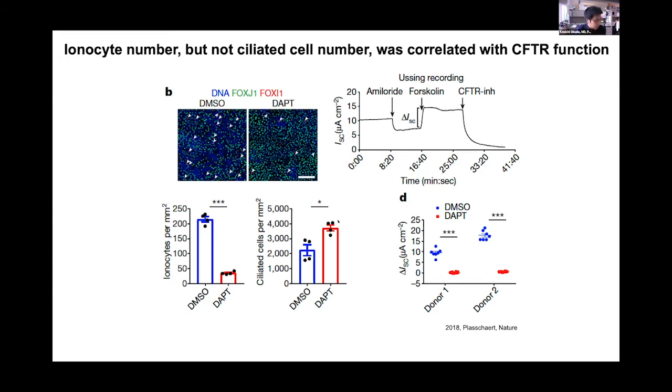That means ciliated cells and CFTR function are not correlated, which is already not consistent with historical data. But this data shows only ionocyte or ciliated cell numbers, and actually there are a lot of other cell types in these cell cultures. So there are still no definitive data yet.